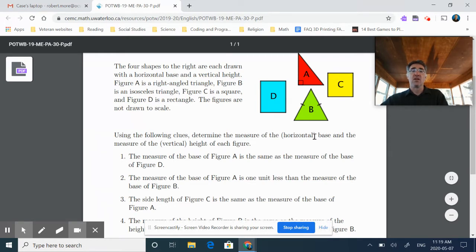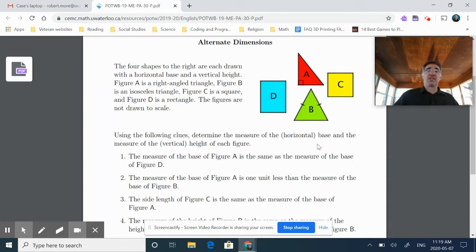But in this particular one, they're saying that it's the horizontal. So we're always looking at that horizontal one serving as the base. The vertical is going to be the one that goes straight up and down. So in these shapes, we could pick either side for C and D. For A, it's going to be that one there. For B, it's actually going to be that dotted line running through the middle.